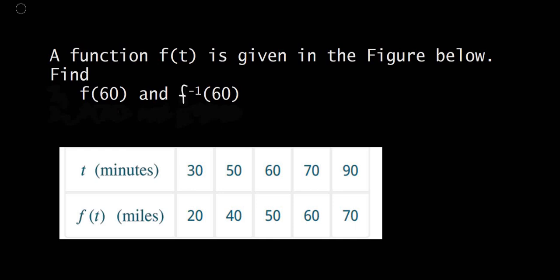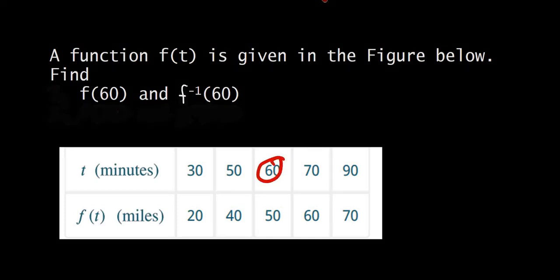Question 2. A function f of t is given in the figure below. Find f of 60 and the inverse function of f of 60. Now, to solve this problem, the first question, f of 60, the input value is this, and the output value is 50. So f of 60 is equal to 50.